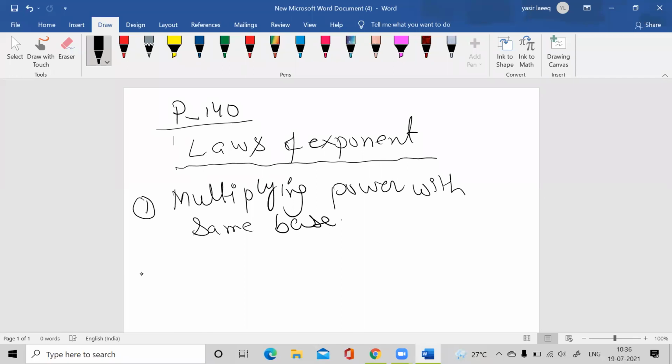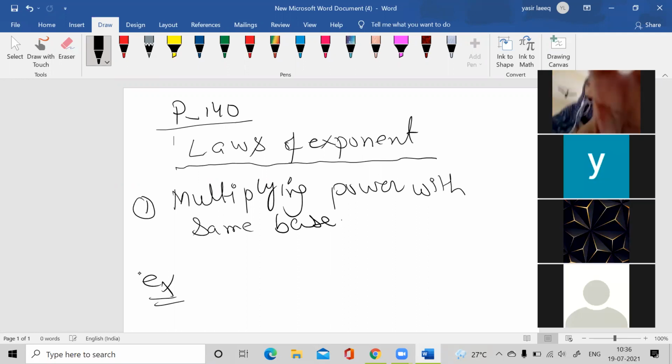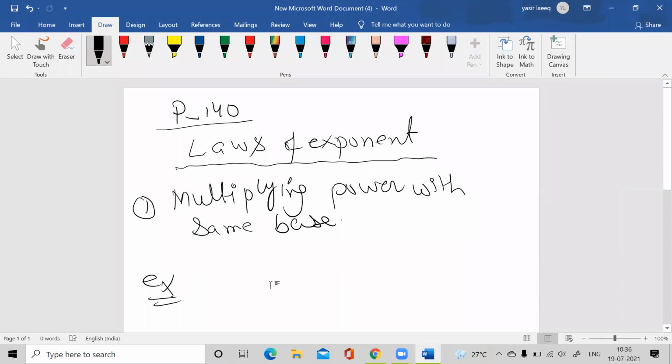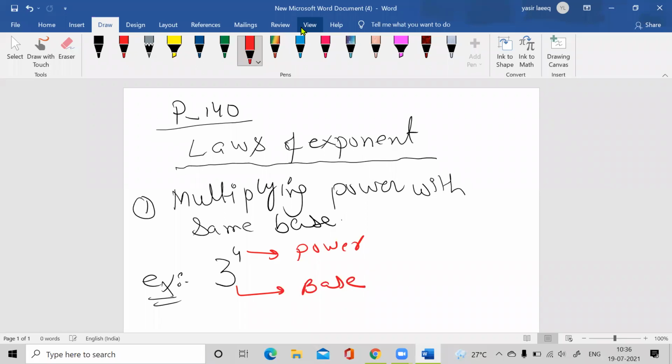See, whatever number you are having, let's for example say, 3 raised to the power 4. Okay, close it beta. So this part is called your power, and this is called base.